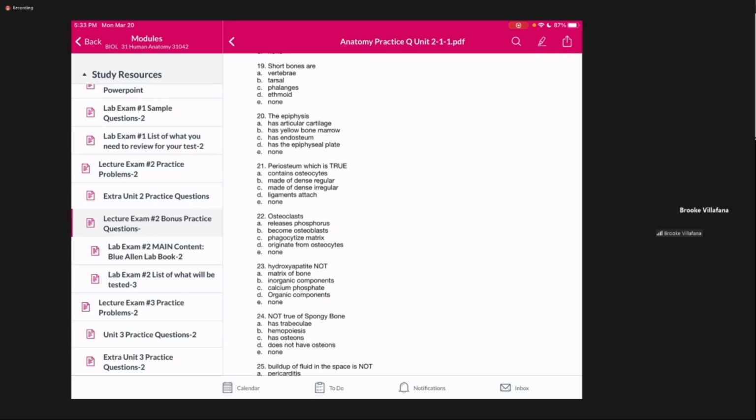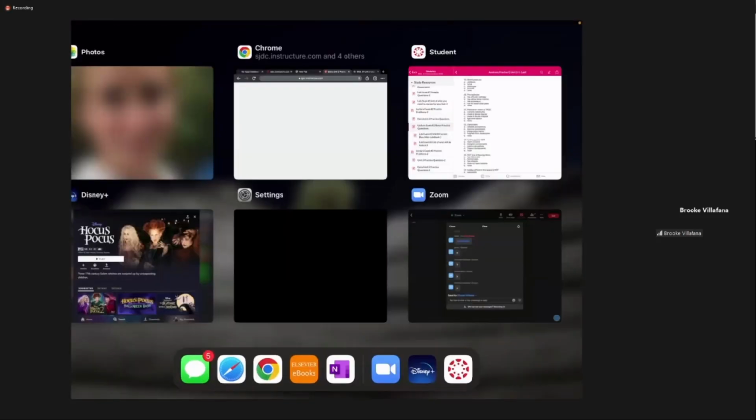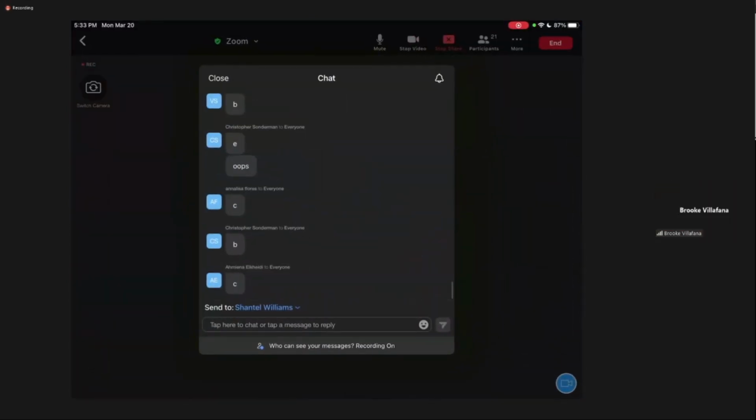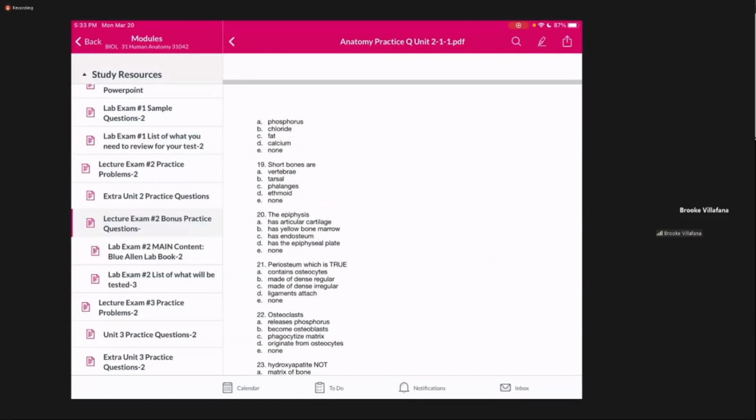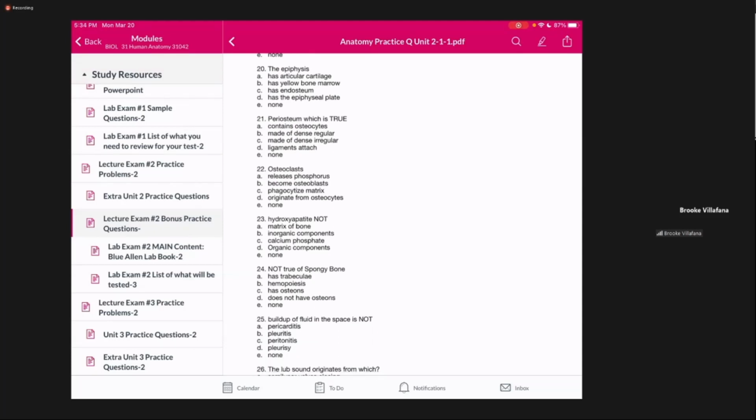Does that make sense? All right, for question 21, which of these is true about the periosteum? Right, so it is made of dense irregular connective tissue.